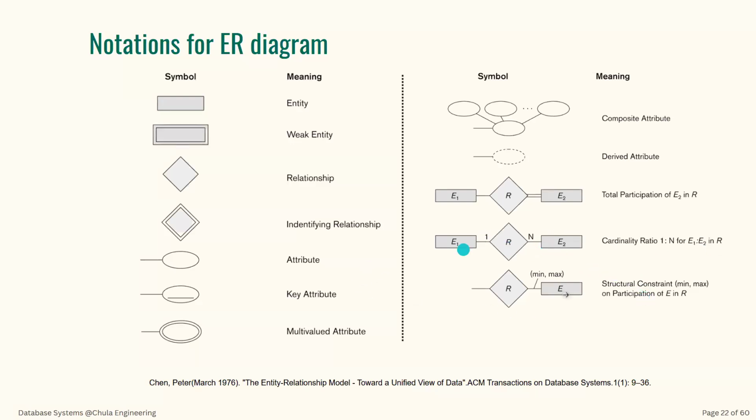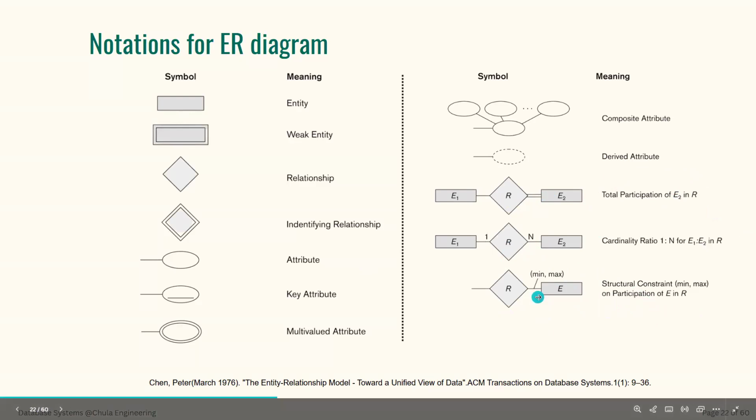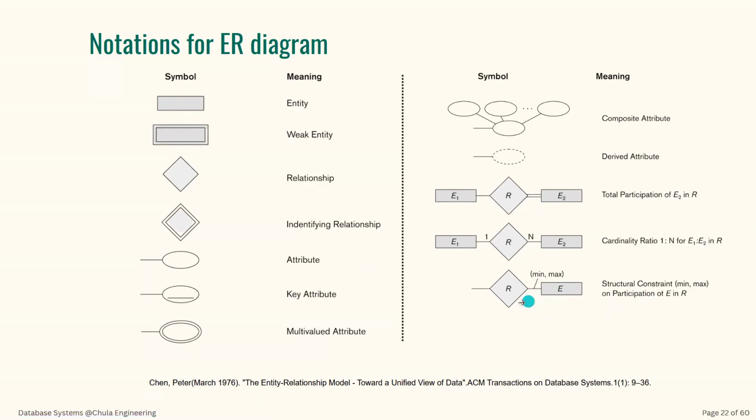Now, another way that we can depict this is another notation. It's called the structural constraint, which is the min or max of participation of E in R. So it is similar to the total participation or not total participation here. But instead of doing a single line and double line, we say numbers here, like 0 to n or 1 to n, so and so.